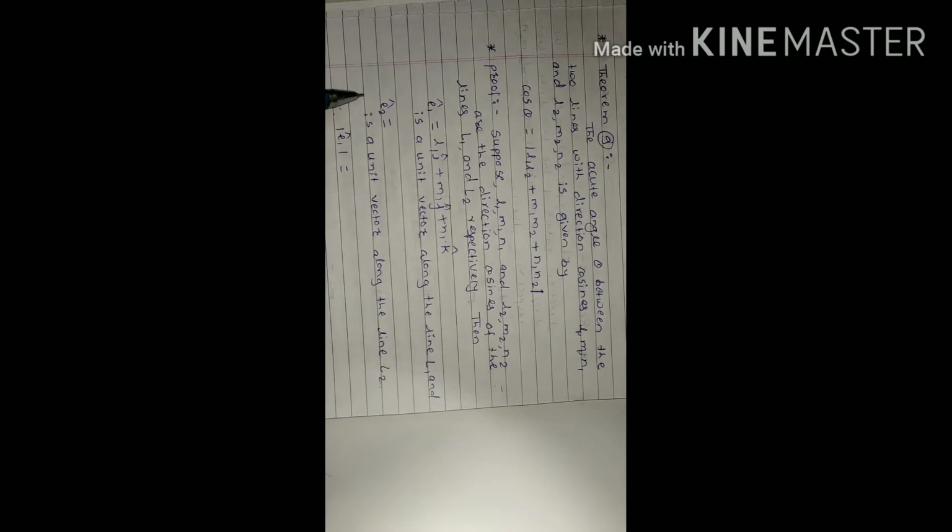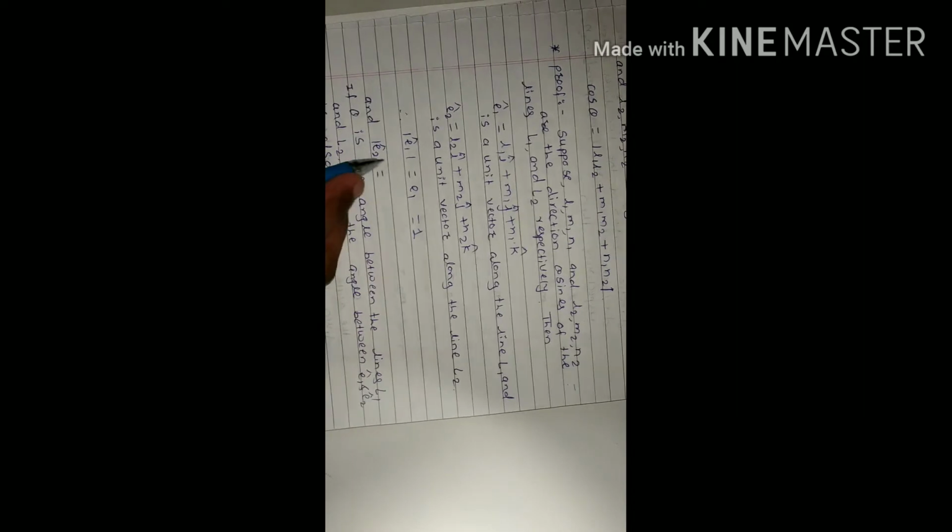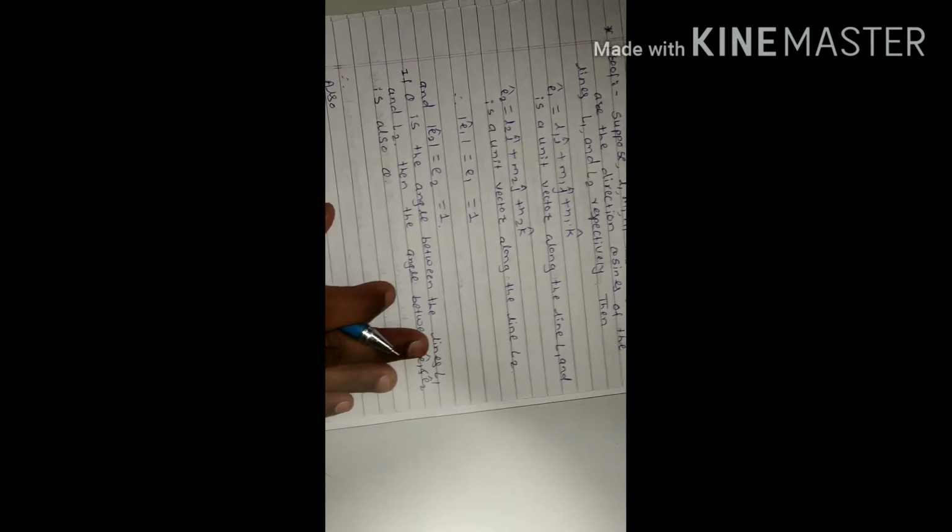And for the second line L2, its unit vector e2 cap is equal to l2 i cap plus m2 j cap plus n2 k cap, a unit vector along the second line L2. Therefore the modulus of e1 cap is 1, and the modulus of e2 cap is also 1.